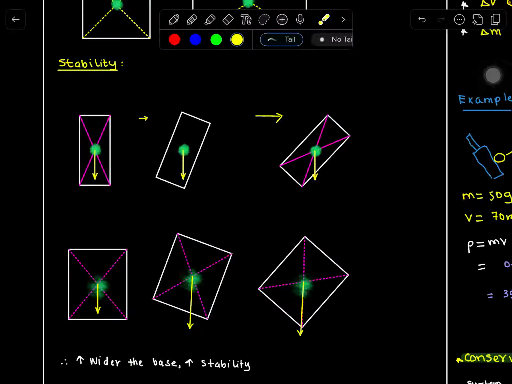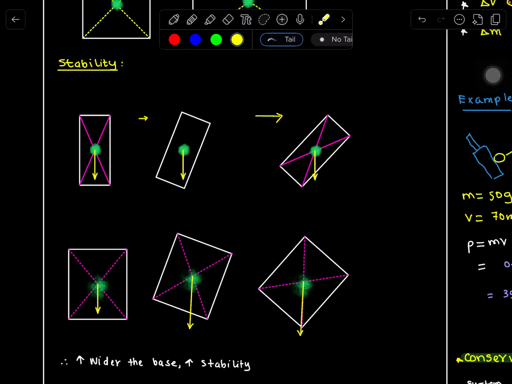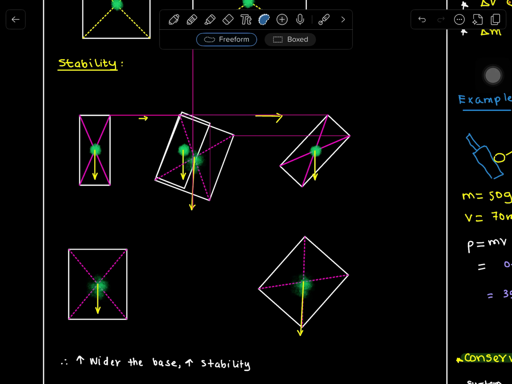If I have a bottle with a bigger base, then its baseline is bigger. If I apply the same amount of force that I applied on the little bottle, you will see that the force causes the object to move the same. You would see that both of them are overlapping.